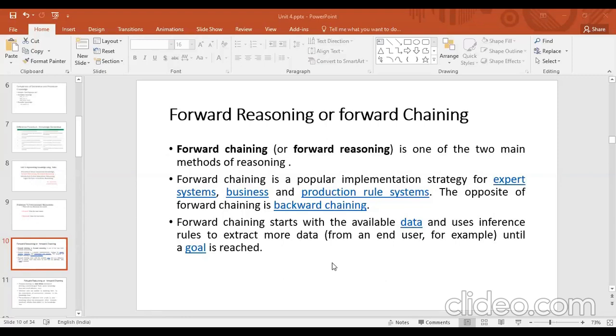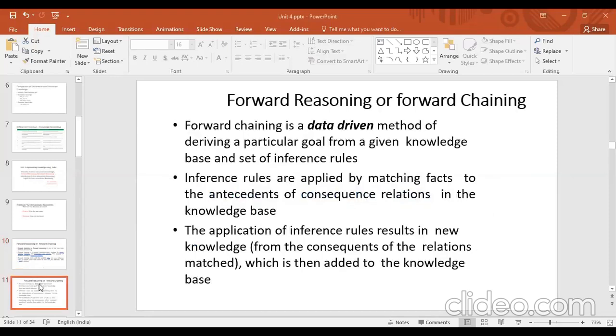Then you solve step by step and reach a goal state. Forward chaining is a data-driven method of deriving a particular goal from a given knowledge base and a set of inference rules. Inference rules are applied by matching facts to the statement of a consequent relation in the knowledge base.